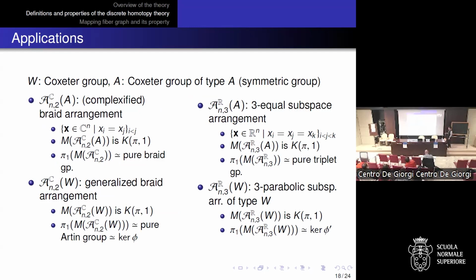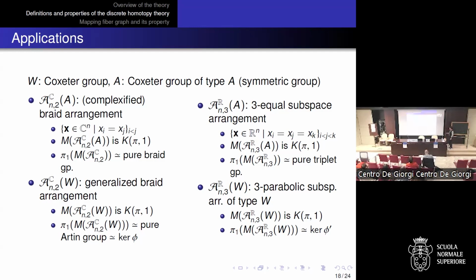So let W be a Coxeter group, and let A be the Coxeter group of type A, so the symmetric group. Then, of course, we can define a braid arrangement, which consists of hyperplanes of this form. And of course, the complement is a K(pi,1), and the fundamental group of the complement is also known.